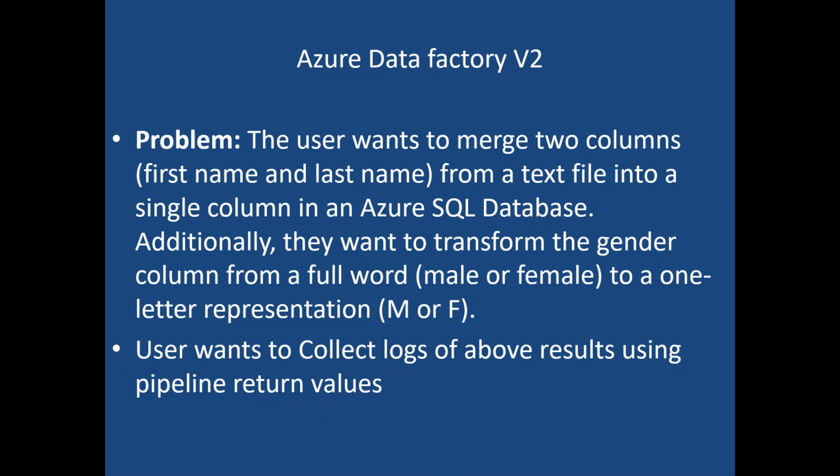Once we load it, we want to track the number of records read and written, from which data factory, which pipeline, and what the run ID is. We want to return all these details to the master pipeline, so that the master pipeline collects them and logs them into the log table. We will see how to do this completely in practicals.